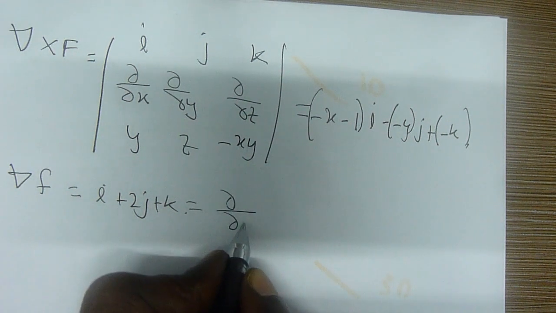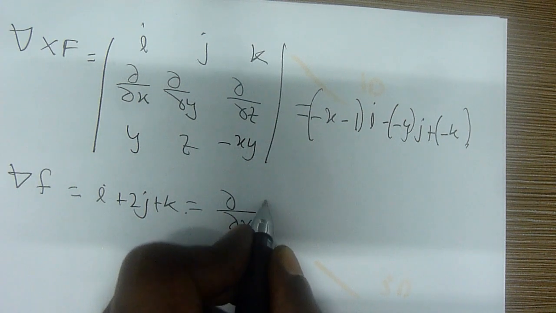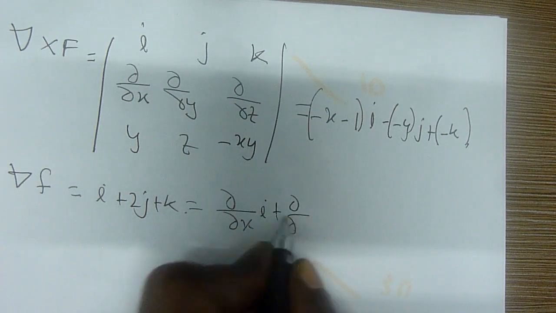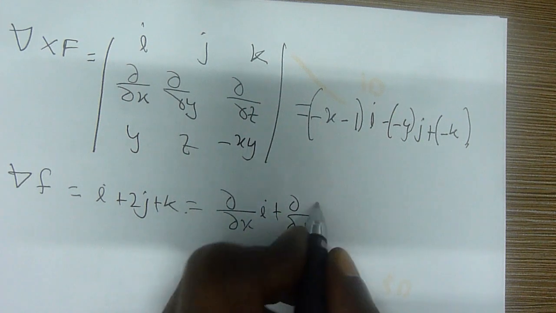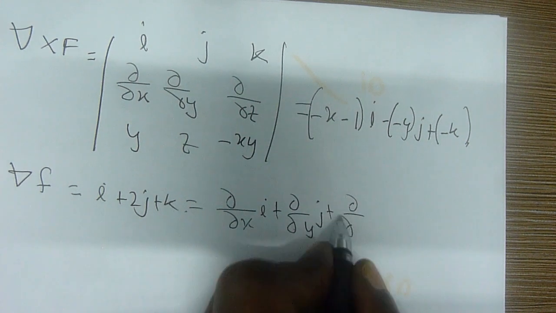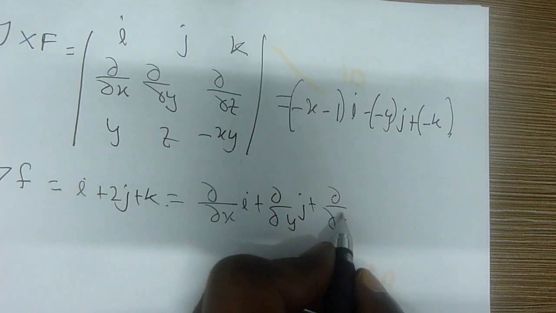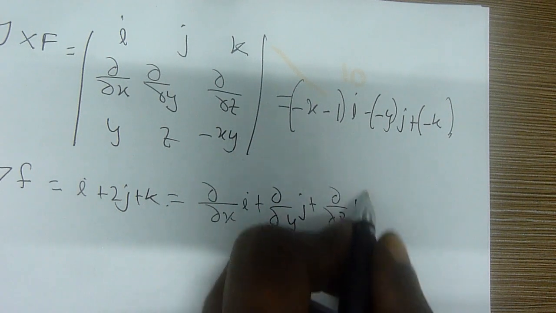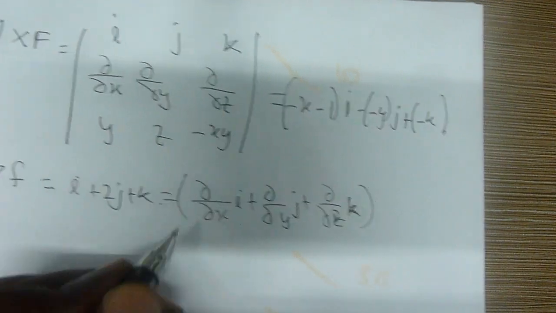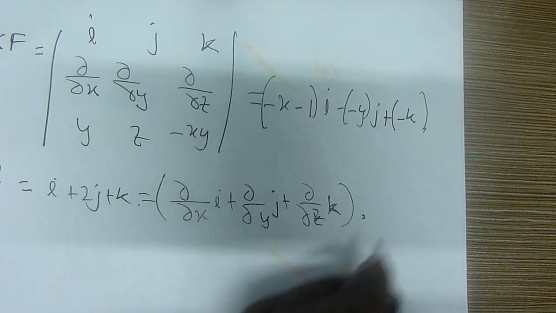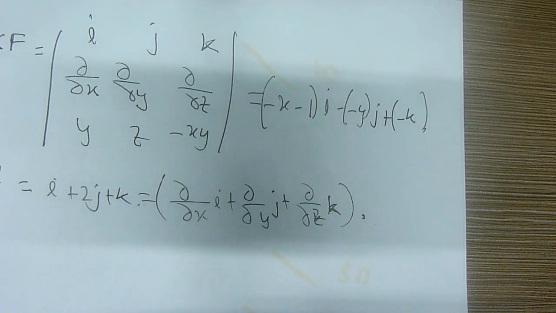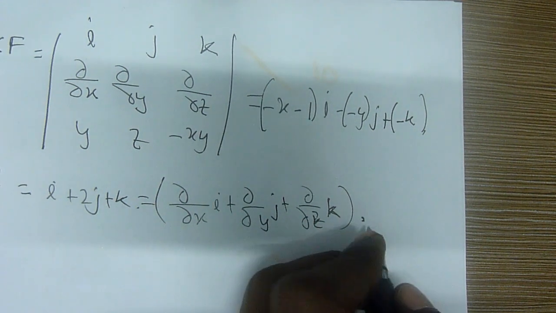Okay, let me show you this. Del/dx i, del/dy j plus del/dz k, dot product with, because we're going to calculate on the F, right?